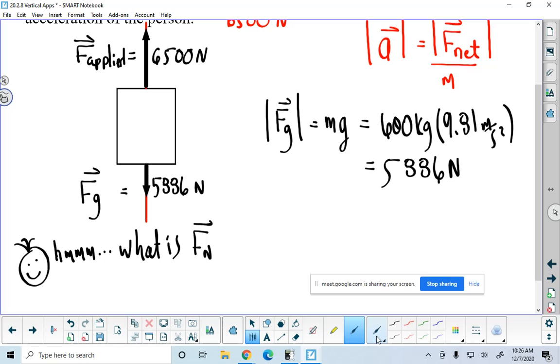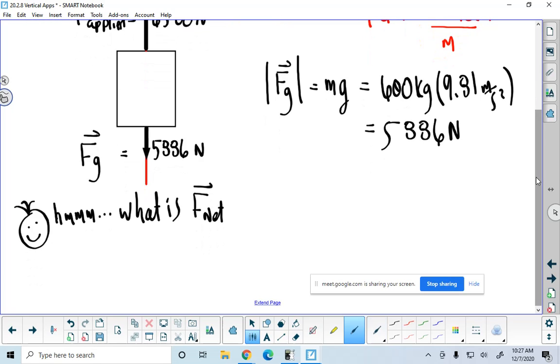Because F net is the thing that goes into the formula that's in red. And in this particular case, the net force is the applied force upwards minus the force of gravity downwards.